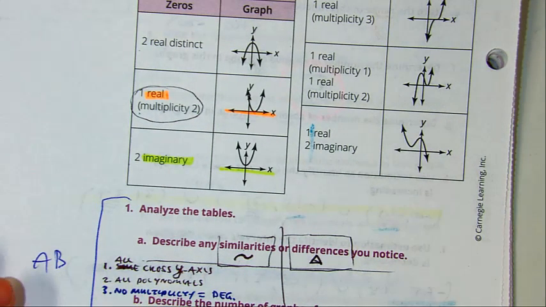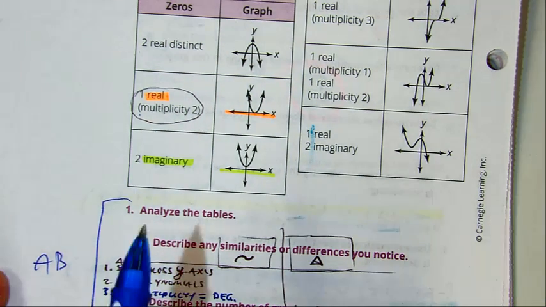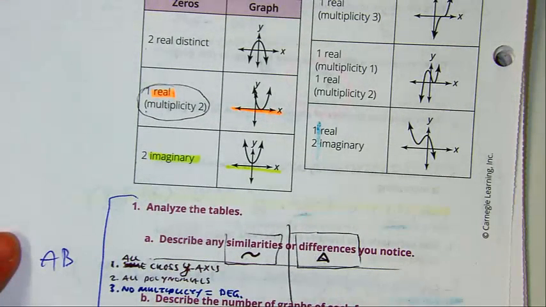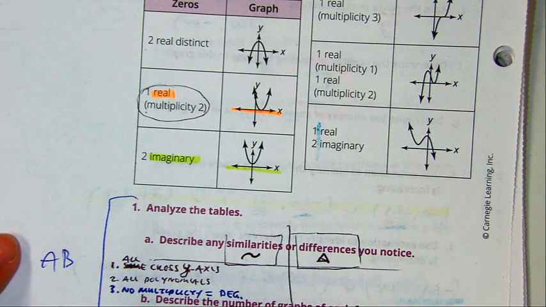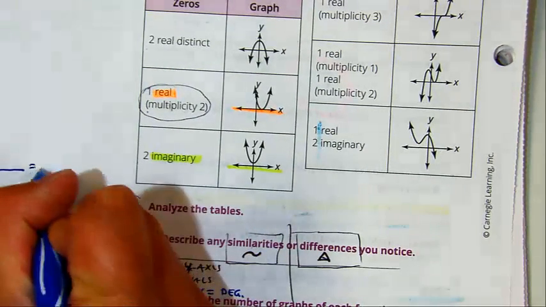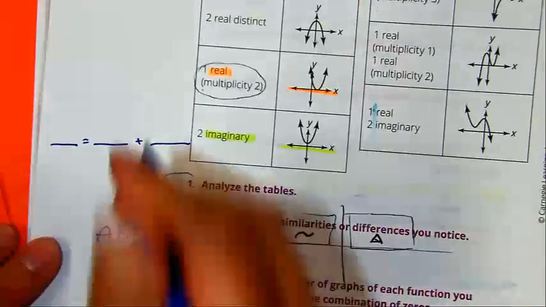I noticed that all of them actually have both real and imaginaries. Go ahead and copy this box I'm about to draw.